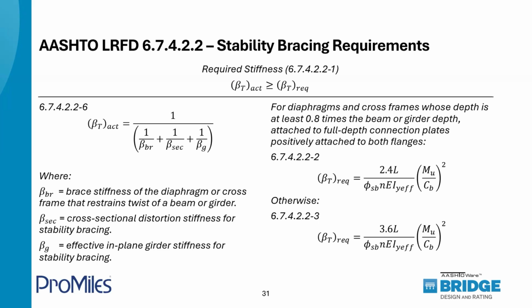I'll note for the cross-section distortion stiffness, if you do satisfy those three requirements with your diaphragm or cross frame, that'll be taken as infinity. So essentially that term will drop out of the equation. The required stiffness equations are shown on the right. It depends on MU over CB. MU is going to be moment from the girder itself. And when we evaluate these equations, we take CB equal to 1.